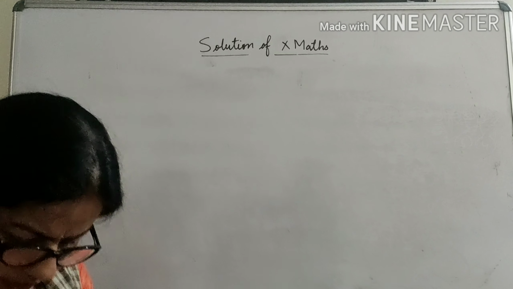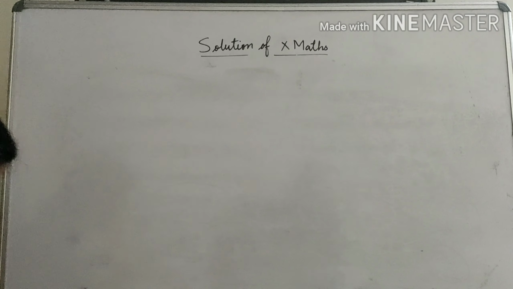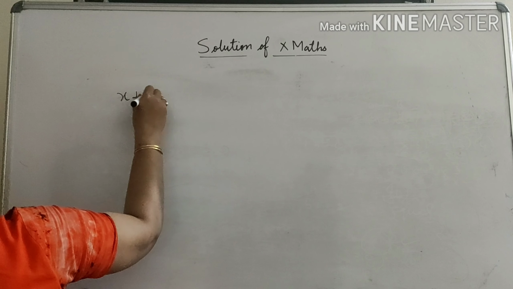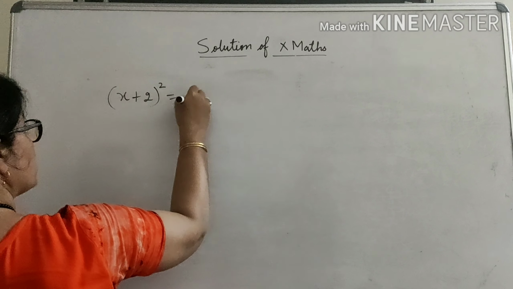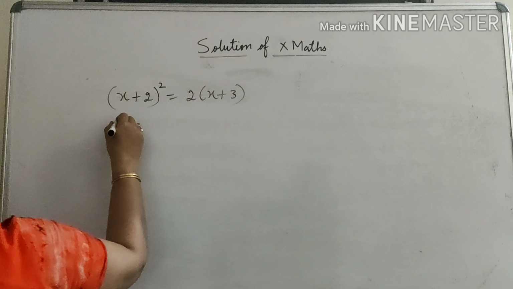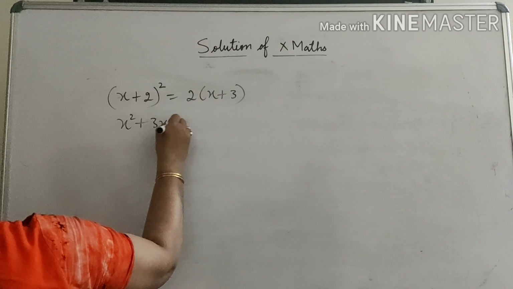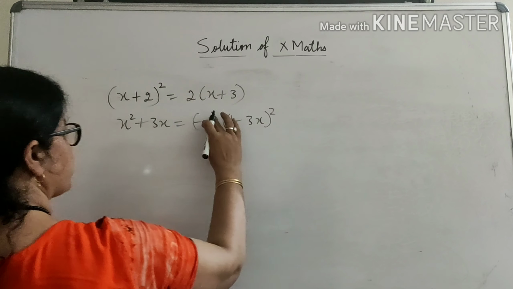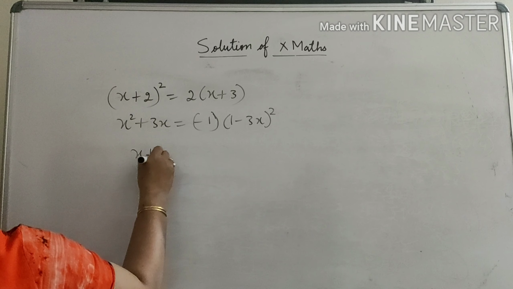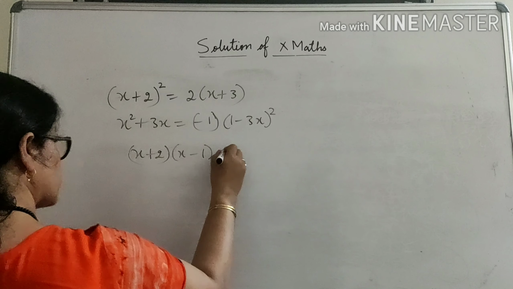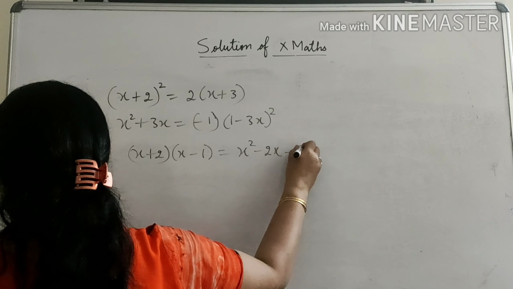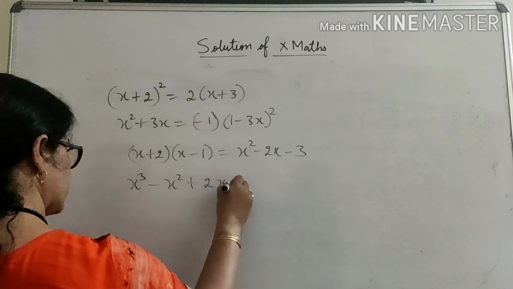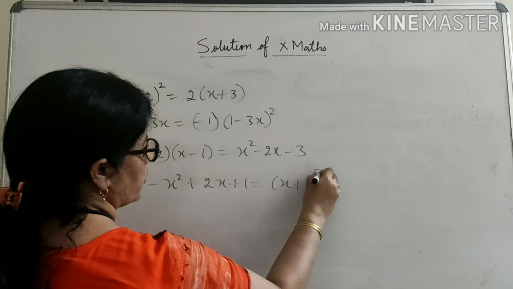Now next, question number 7. In question number 7 he is saying, which of the following is not a quadratic equation? x plus 2 whole square is equal to 2 into x plus 3; x square plus 3x is equal to minus 1 into 1 minus 3x whole square; x plus 2 into x minus 1 is equal to x square minus 2x minus 3; x cube minus x square plus 2x plus 1 is equal to x plus 1 whole cube.